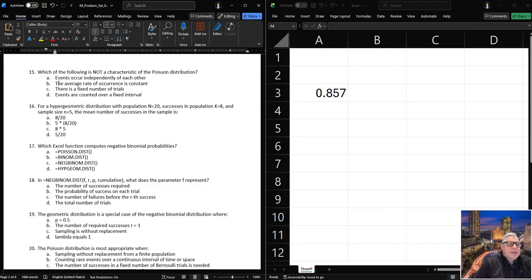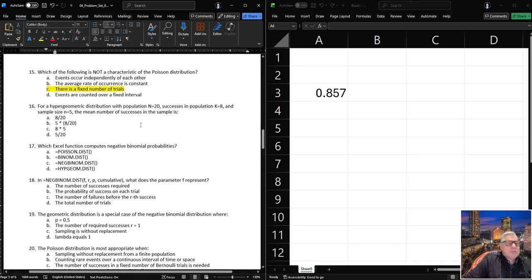No. Events are counted over a fixed interval. Okay. So D sounds right. Or which of the following is not a characteristic? So that is the fixed number of trials. So I didn't read that correctly.